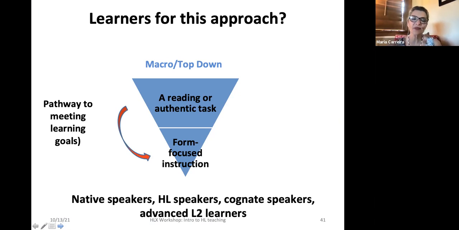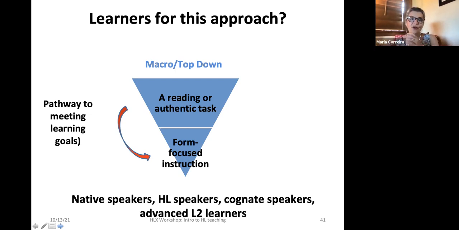I put cognate speakers. I saw that there's some teachers of Chinese. If you're teaching Mandarin, there might be speakers in your class that speak a language of China that shares a lot of vocabulary with Mandarin, right? Or even some structures with Mandarin.